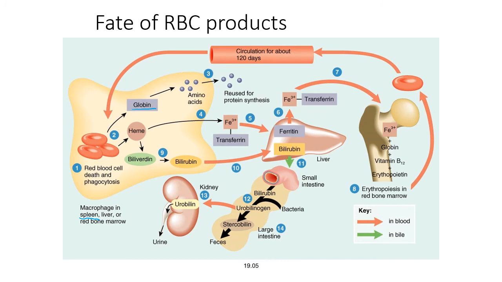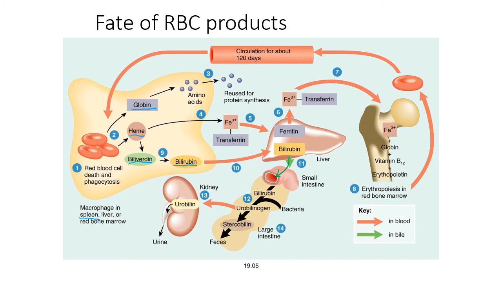We have our globin, we have our heme, and we have our bilirubin component that the heme is going to get converted into. And so it gets converted into bilirubin from biliverdin. That bilirubin goes over to the liver, and from there it's going to get released as bile into the small intestines. And so it comes out there and goes into the intestines.